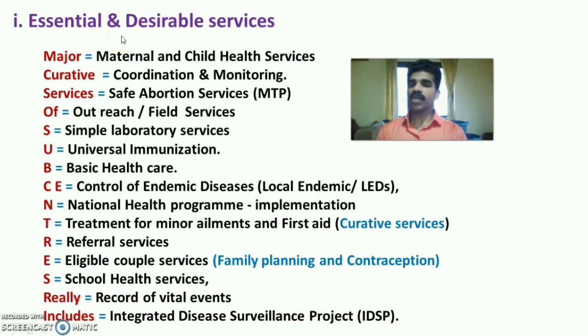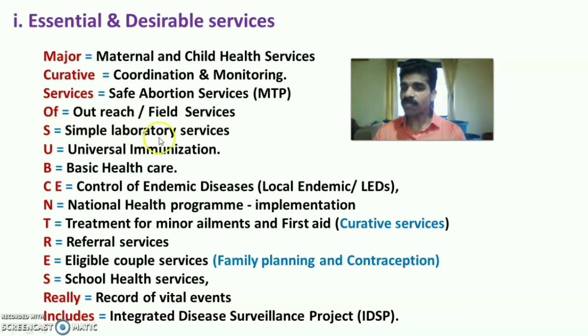So the first part of the mnemonic is in relation with both essential and desirable services. Major stands for maternal and child health services, curative stands for coordination and monitoring, services stands for safe abortion services, that is MTP services, medical termination of pregnancy services. OFF stands for outreach or field services.